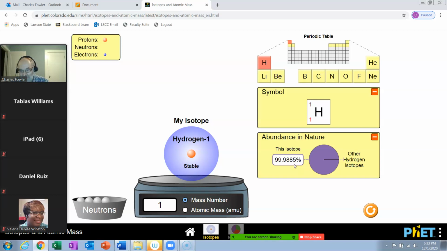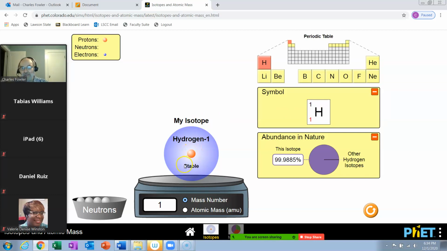Select your isotope by clicking on the element and either adding or removing a neutron. Complete the following table. Get the number of protons, neutrons, and electrons from the rectangle in the upper left. So let's do the first one. We've got hydrogen 1 right here. That's my isotope.